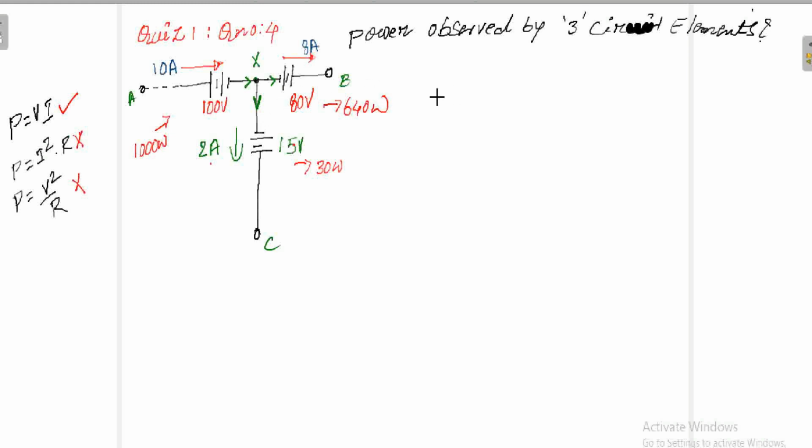Like here you can write 10 amps into 100.